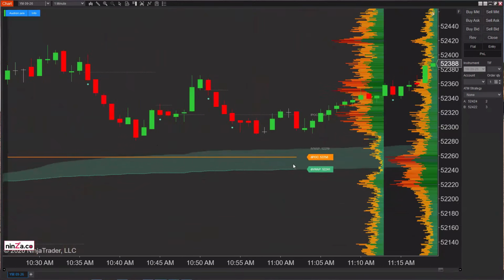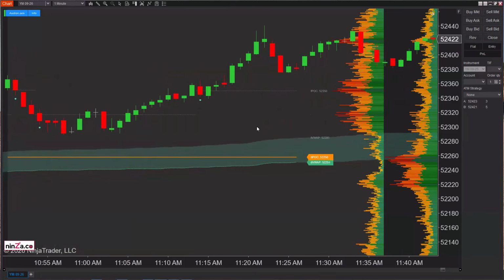Now, ideally, it would be nice, it didn't do it here, a retest of the point of control from above. The NASDAQ did that, if you recall. The YM did not, at least not at this point, and it looks like it doesn't do it.